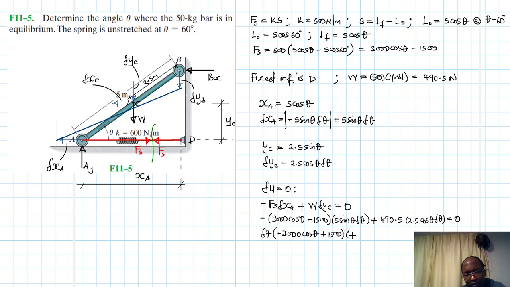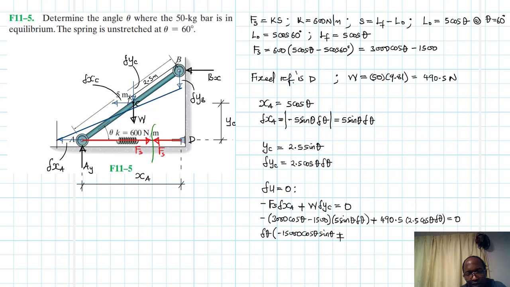Then 5. Let me multiply this in advance. So we have minus 3000 by 5, so this just becomes minus 15,000 cos theta sine theta.